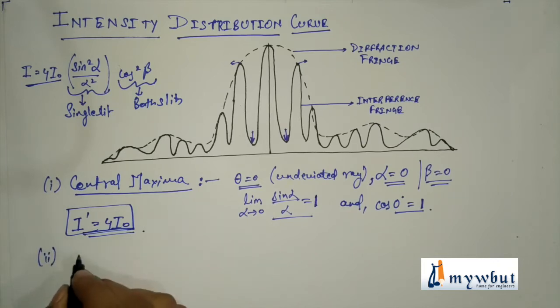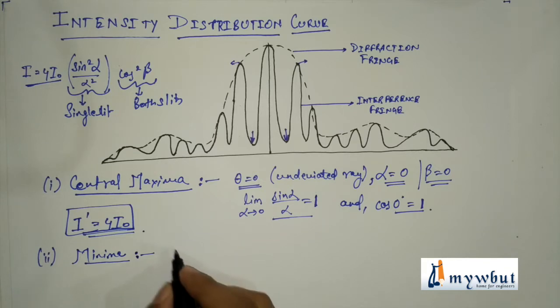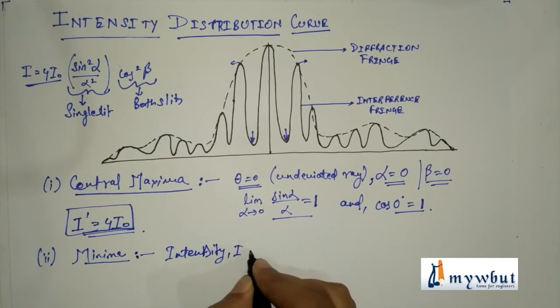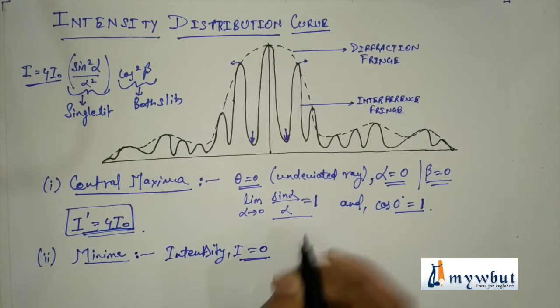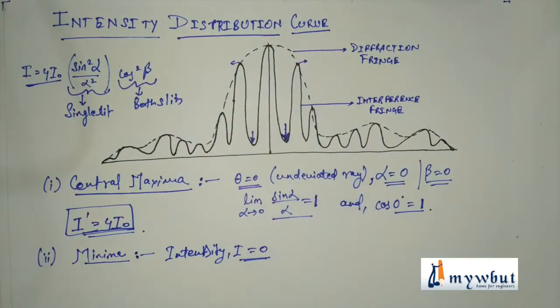Number 2 will be the condition for minima. There will not be a central minima, but we can call it secondary minima. For the diffraction minima, the intensity I is equal to 0. That is, in this portion intensity tends to 0, or it is absolutely 0.